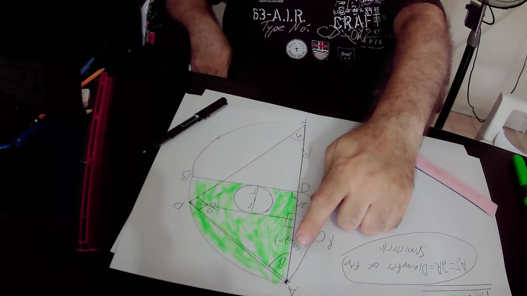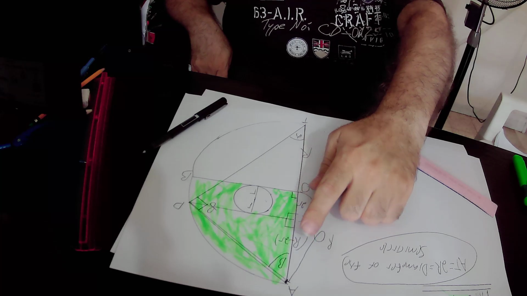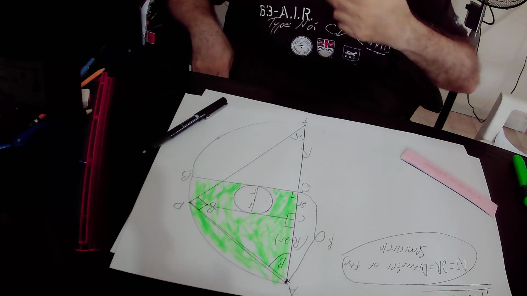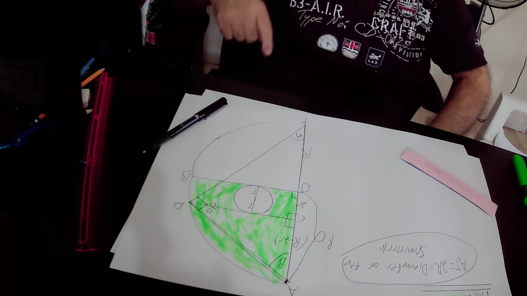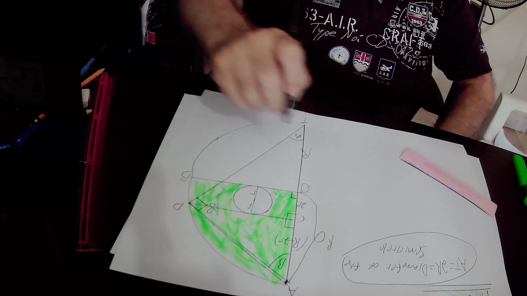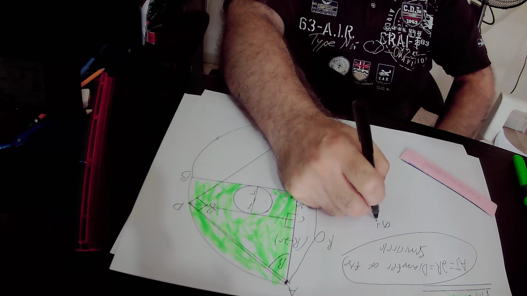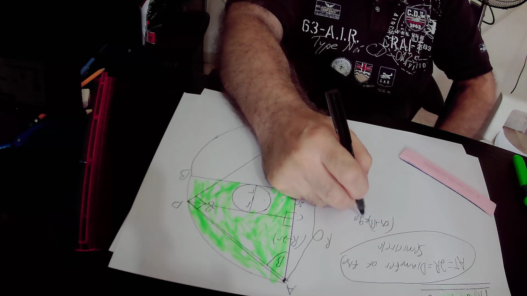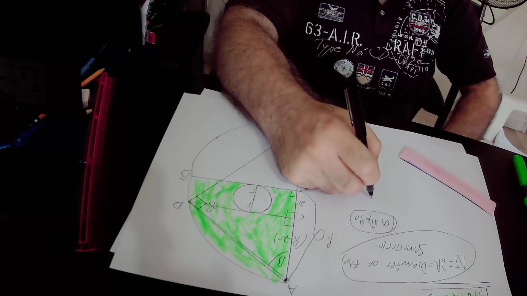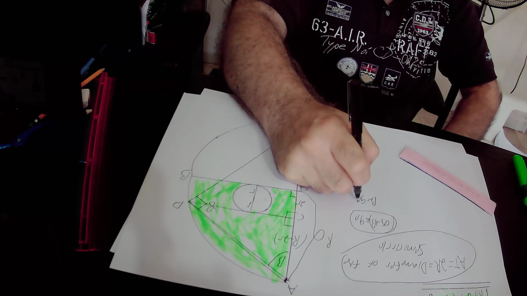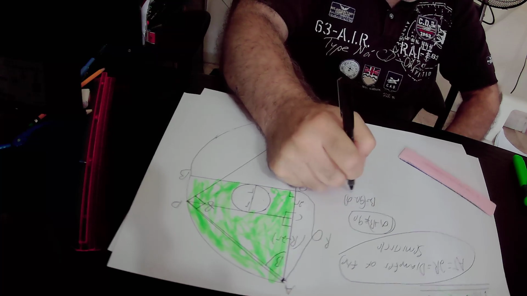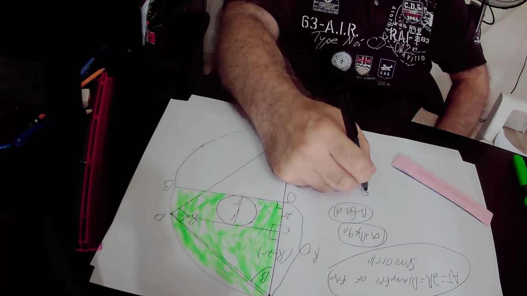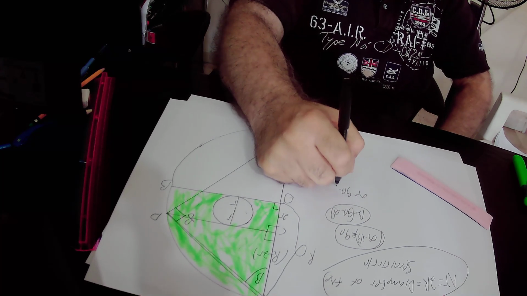Therefore, the sum of the other two angles must also be 90 degrees, because the sum of the angles in any triangle is 180 degrees. That is to say, alpha plus beta must be equal to 90 degrees. We subtract alpha from this equation and we get that beta equals 90 degrees minus alpha. We subtract beta from this equation and we get that alpha equals 90 degrees minus beta.